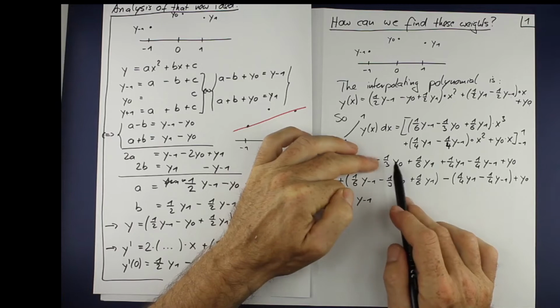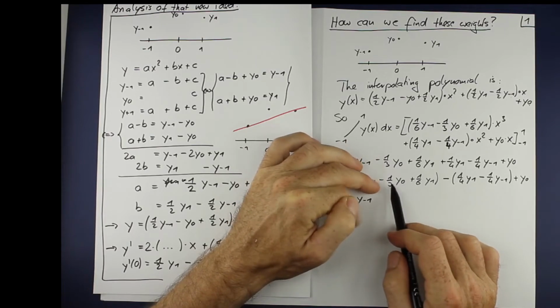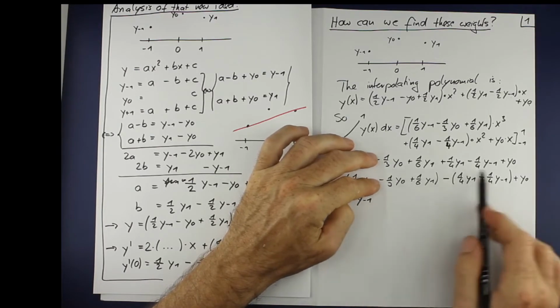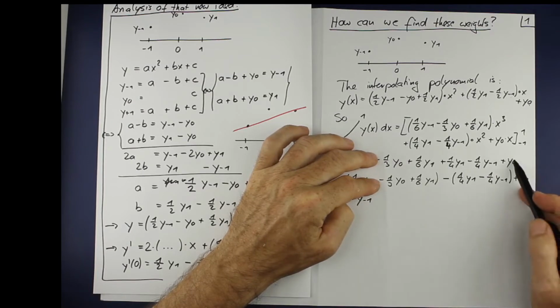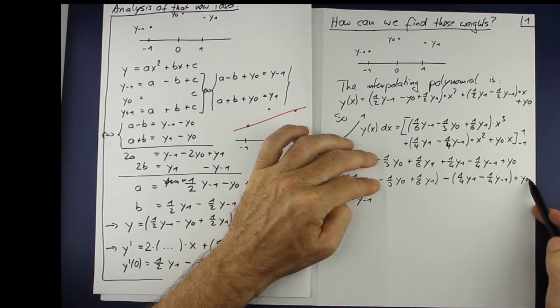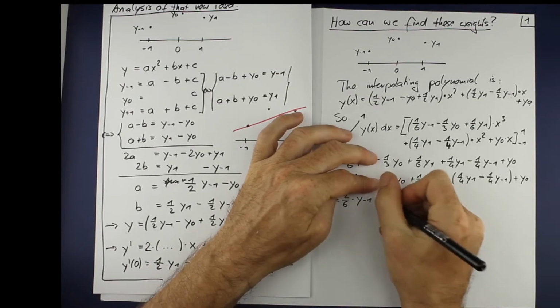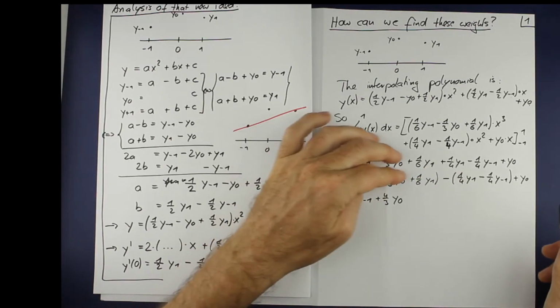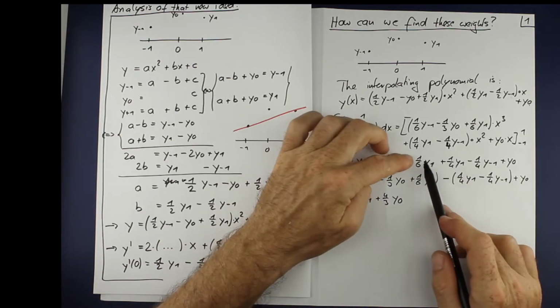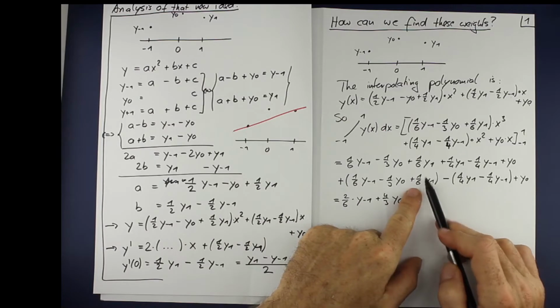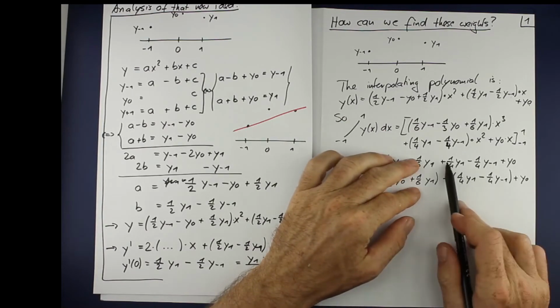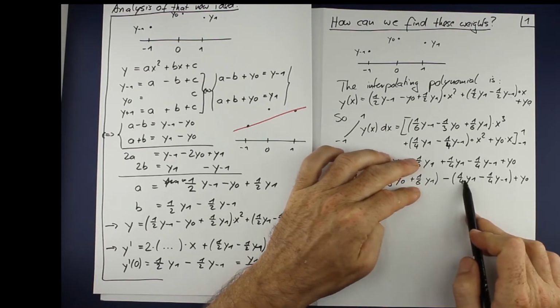Minus 1 divided by 3 minus 1 divided by 3 is minus 2 divided by 3. Nothing from here. Plus 2. Minus 2 divided by 3 plus 6 divided by 3 is plus 4 divided by 3. And the y1, 1 divided by 6, 1 divided by 6, 2 divided by 6, plus minus, so it's 2 divided by 6.